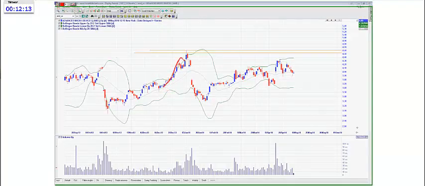I'm not interested in something like that. I'm not interested in something that's maybe bounced around and hit it 4 times. Those are weak resistance zones.